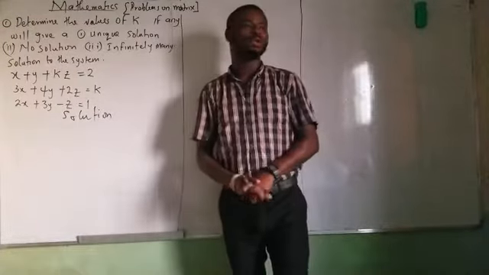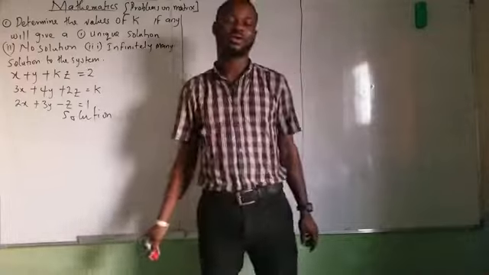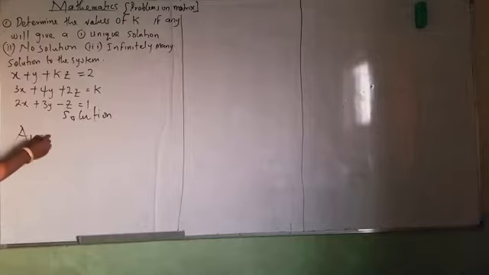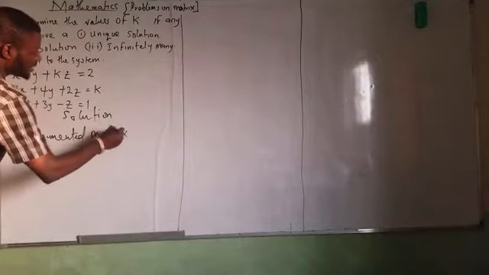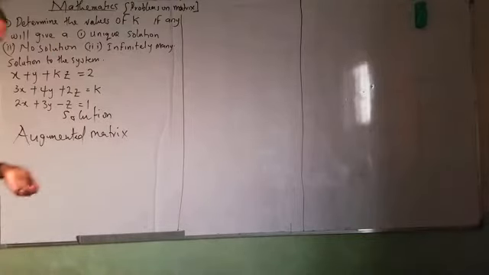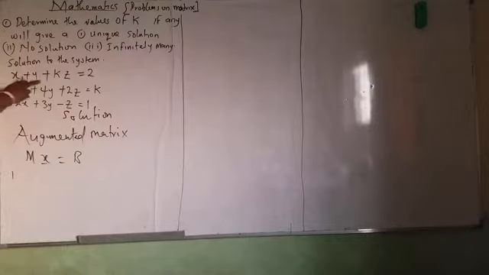The first thing I will do is generate my augmented matrix. I've explained the augmented matrix earlier. Normally, before the augment, you have the matrix and the vector equals to the coefficients of the given variables.